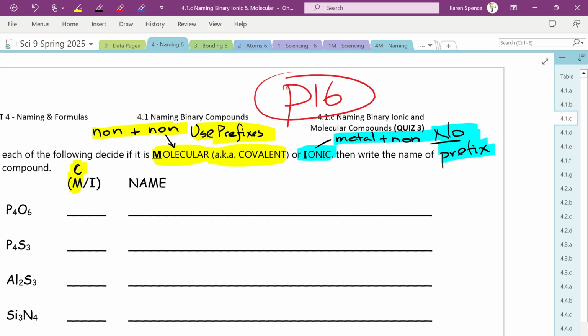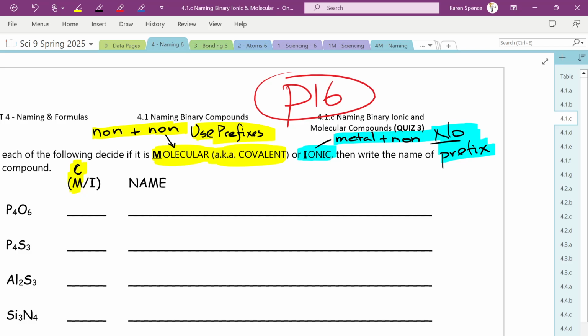Page 16, there are some covalent and some ionic. So you will have some that have prefixes and some that have no prefixes.